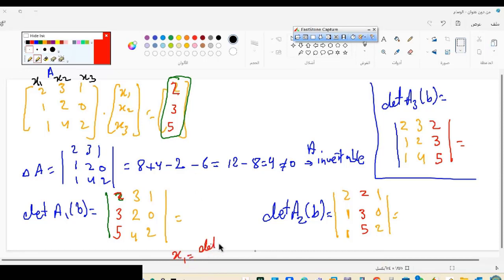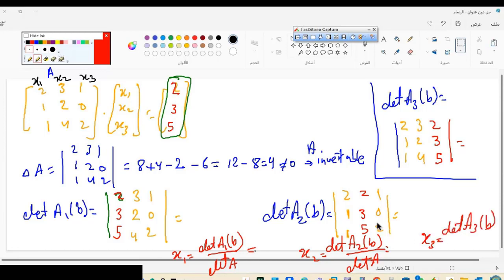It's delta A1 B over delta A, equal x2. It is delta A2 B over delta A, equal x3. It is delta A3 B over delta A.